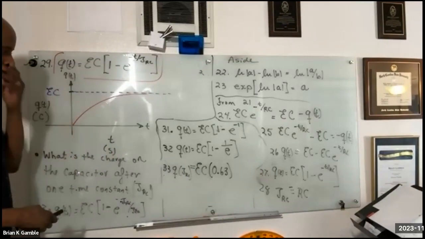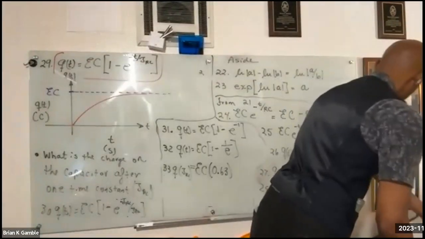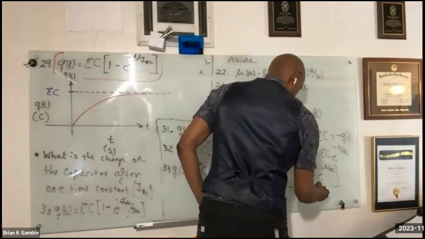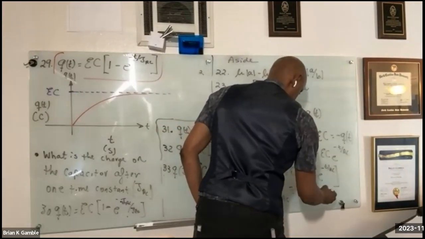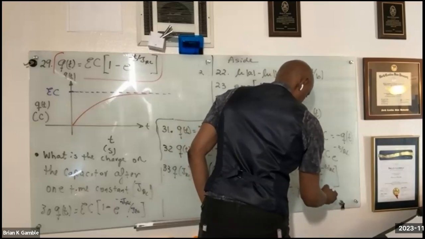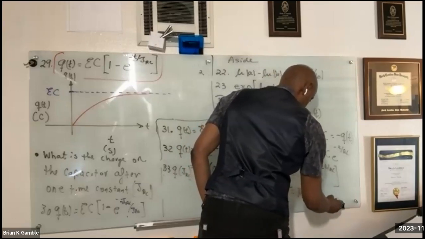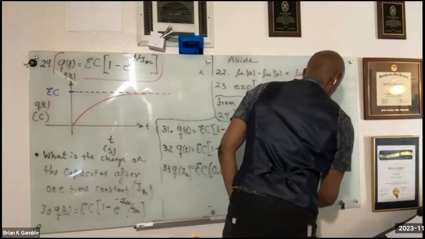value, right? Because I should have also defined over here that I didn't, but I forgot to do that. We can also state that Q, the maximum charge on the capacitor, Q max, is, well, I'll just do it here so I won't confuse you.